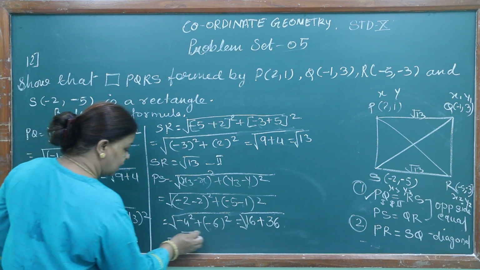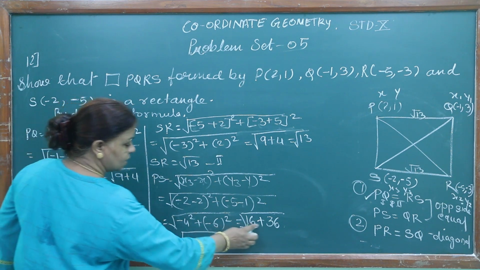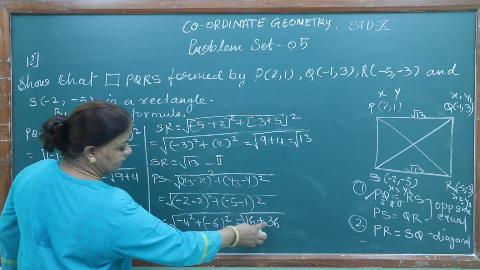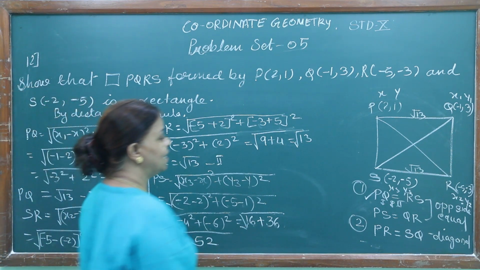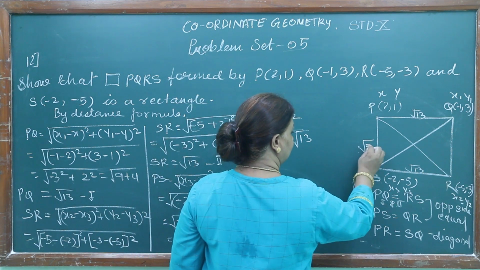So it will be under the root 52. So we got PS as under root 52.